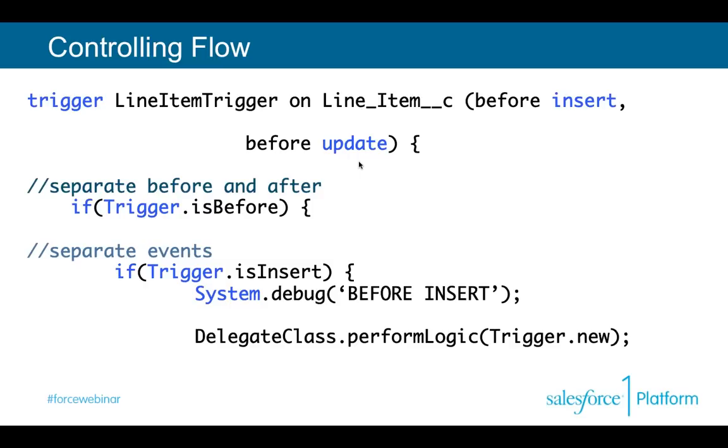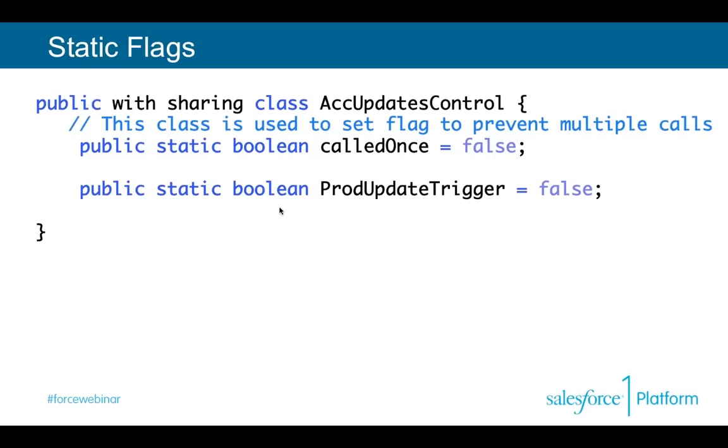Depending on what kind of event my logic is anticipating, I can say trigger.isBefore or trigger.isAfter, and I can also separate it out based on the events of trigger.isInsert and trigger.isUpdate. I can very specifically call out the logic that I want based on these scenarios. You'll notice at the very end here, we're delegating this logic to another class and another method. It's very handy to be able to split out my logic if I think of my trigger as being structured this way.